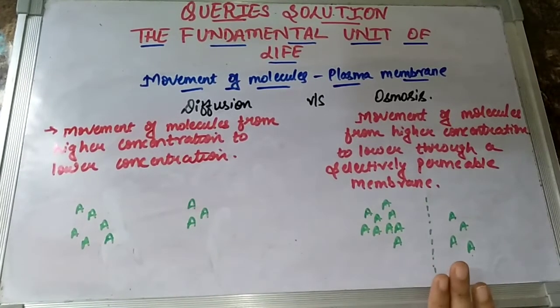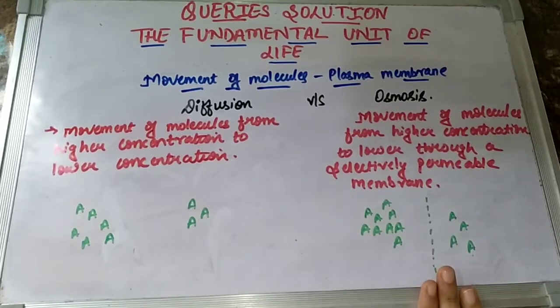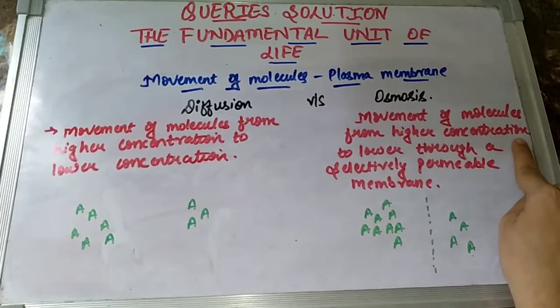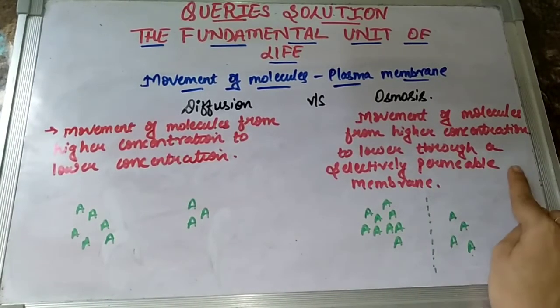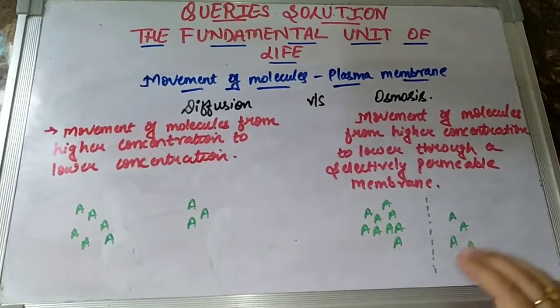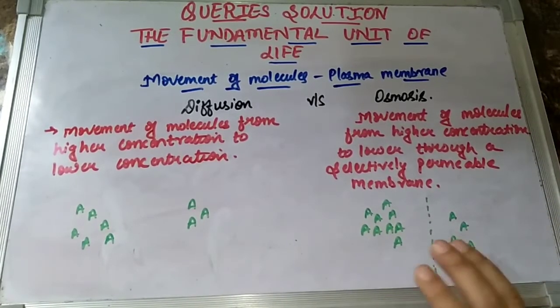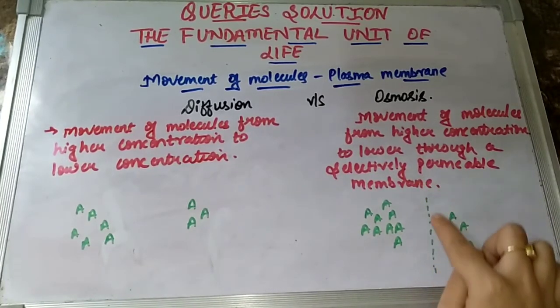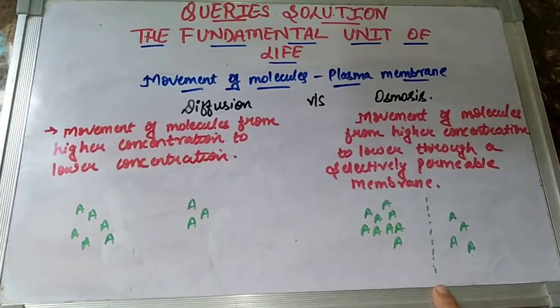When we talk about osmosis, especially as it occurs in our body, it is also the movement of molecules from higher concentration to lower concentration, but it will always occur through a membrane. That membrane can be a selectively permeable membrane or a semi-permeable membrane. It entirely depends on which membrane we are talking about.